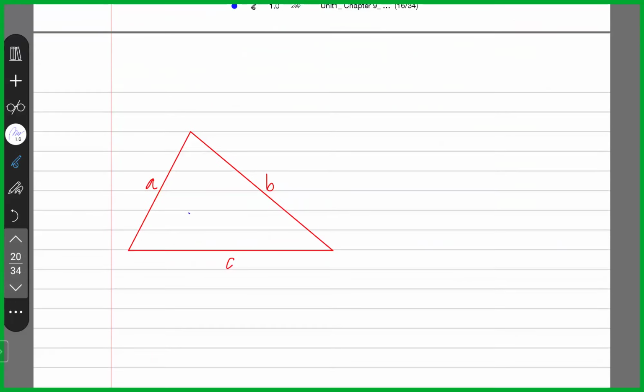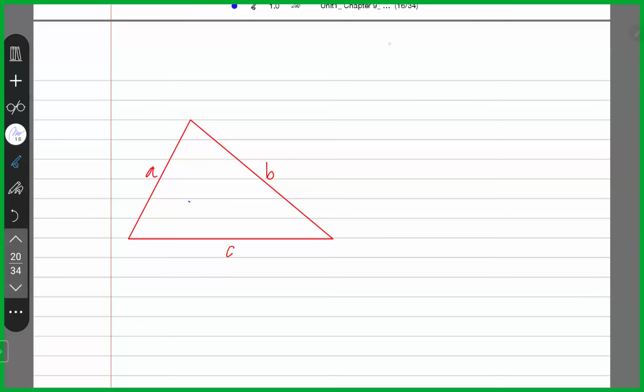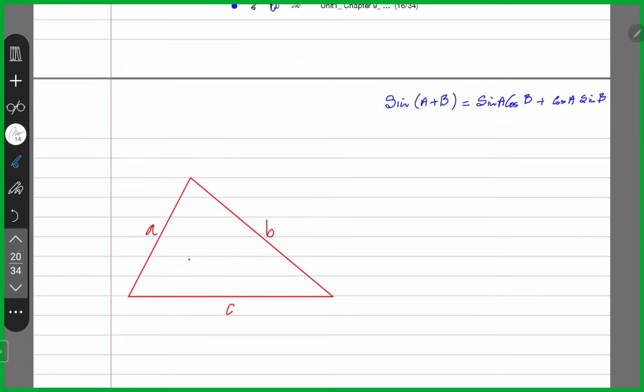All right, so we're going to use this diagram to prove that sine A plus B is equal to sine A cos B plus cos A sine B. Let me double check that.